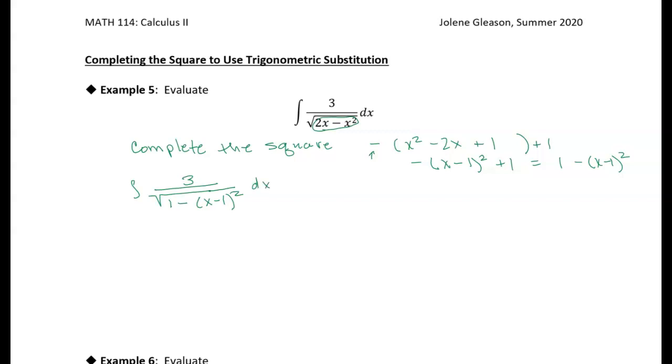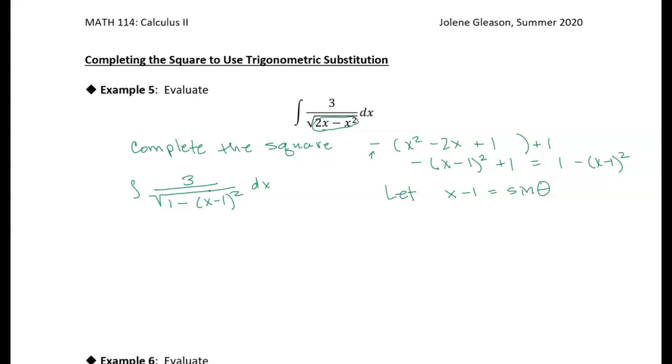So all I've done is I've replaced what I had with this new expression, which is equivalent. All right. Now I can apply trig substitution. So I've got 1 minus something squared. But instead of letting x equal sine, I'm going to let x minus 1 equal sine of theta. Okay? So I'm going to say let x minus 1 equal sine theta.